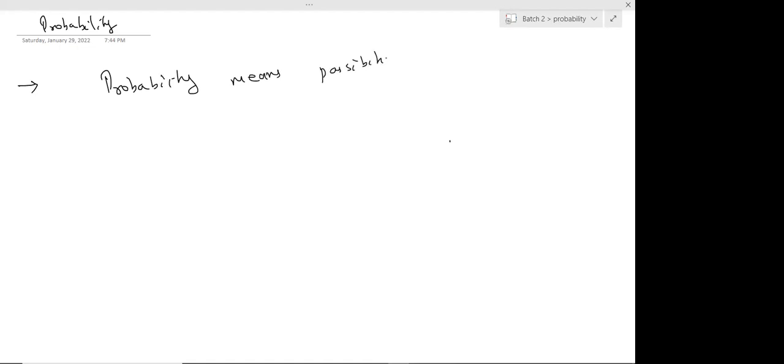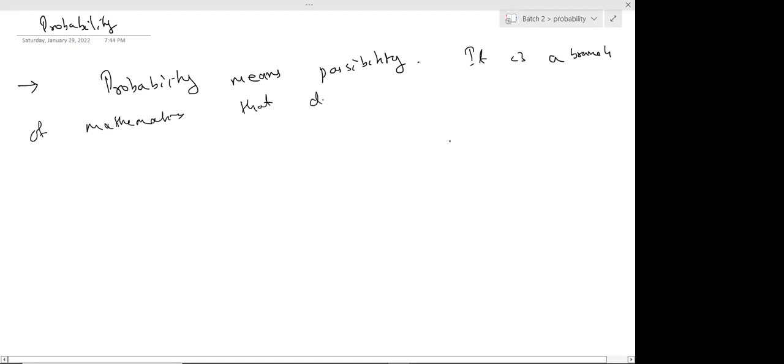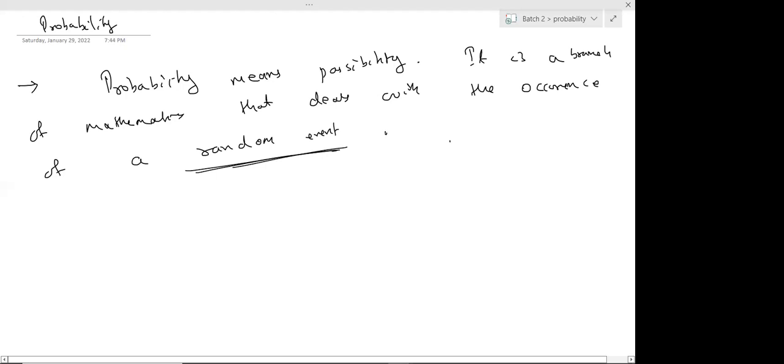In mathematics, at least, it is a branch of mathematics that deals with the occurrence of a random event. This is very important, right? A random event.